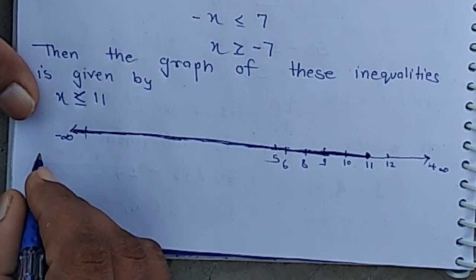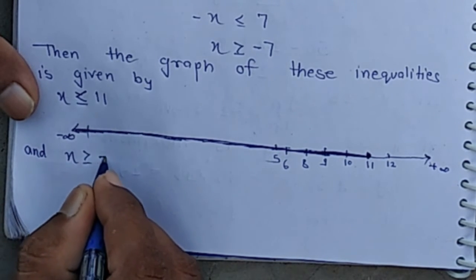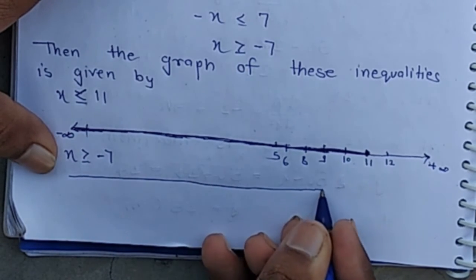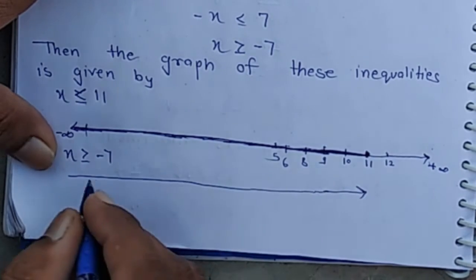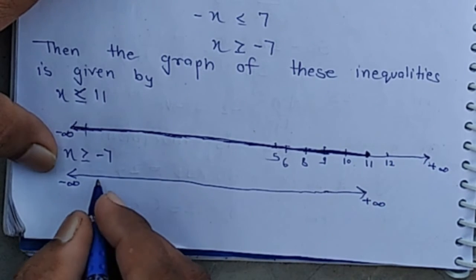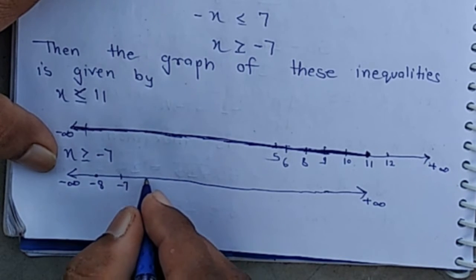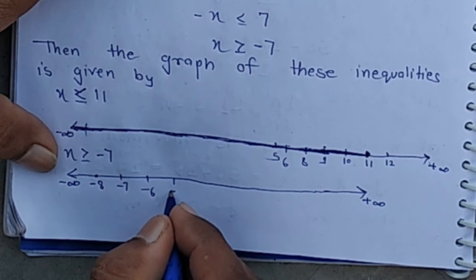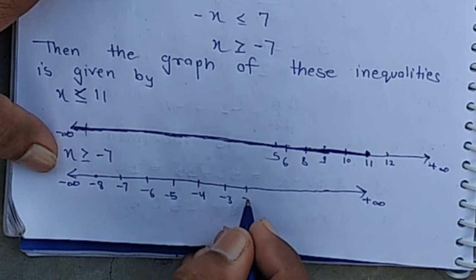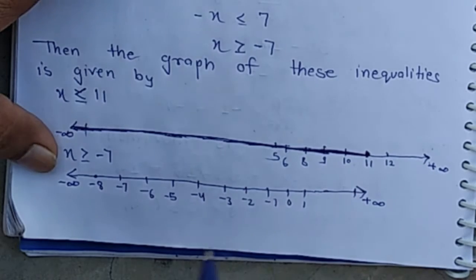Now the second inequality is x is greater than or equal to minus 7. We have minus infinity, plus infinity, minus 7, let it is minus 8, minus 7, minus 6, minus 5, minus 4, minus 3, minus 2, minus 1, 0, 1, and so on.